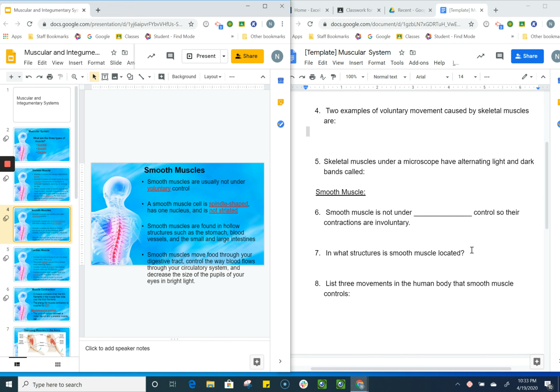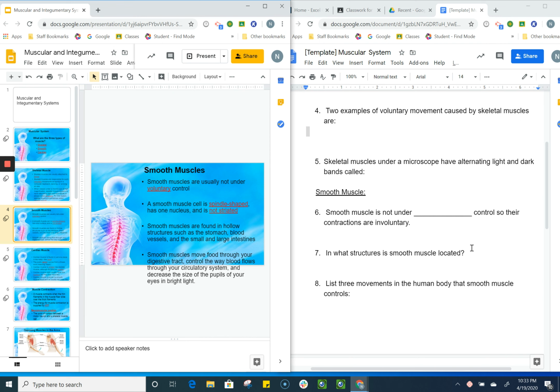Your stomach muscles, smooth muscles, will churn your food to help digest it. Also, there are some contractions in your blood vessel walls to help keep your blood pumping, but you don't have to consciously think about that happening to make it happen. It does this on its own, so it's under involuntary control.